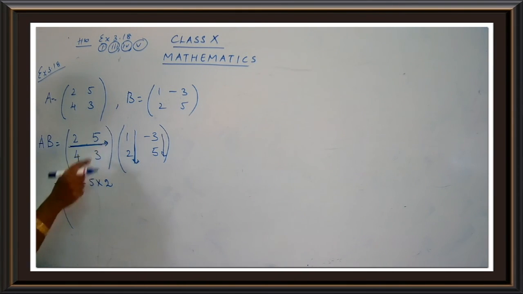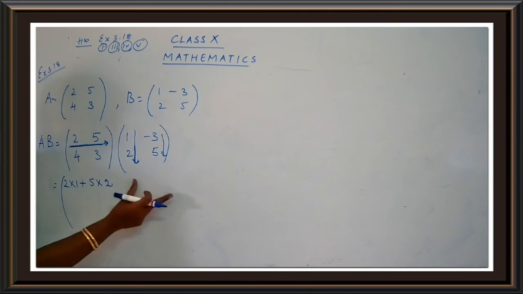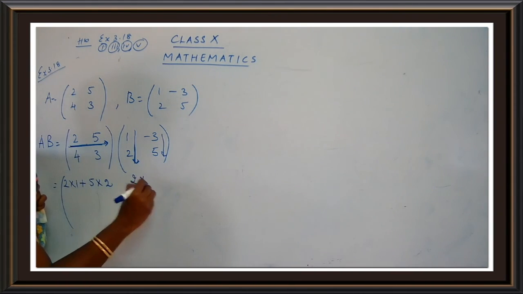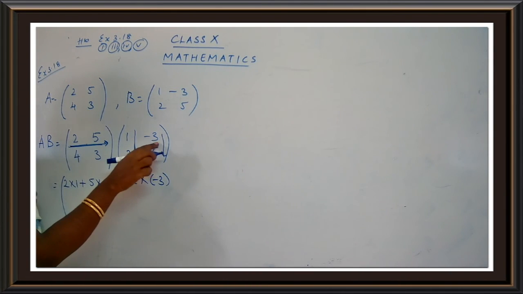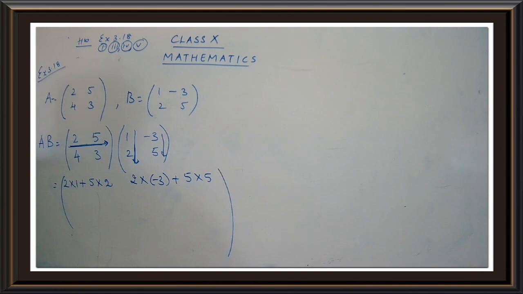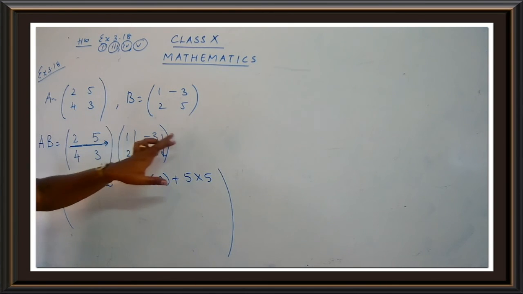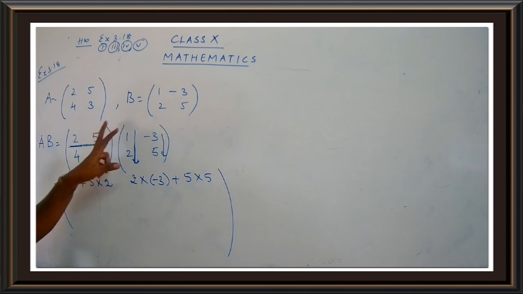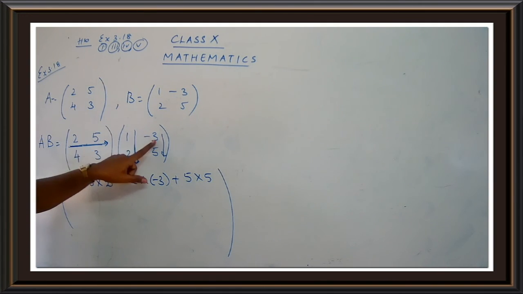Give some space and write down here: 2 into minus 3 plus 5 into 5. So we have completed the first row. I have multiplied the first row with all the columns. If I had one more column, I would get one more element. So 2 into 1 plus 5 into 2, and 2 into minus 3 plus 5 into 5.